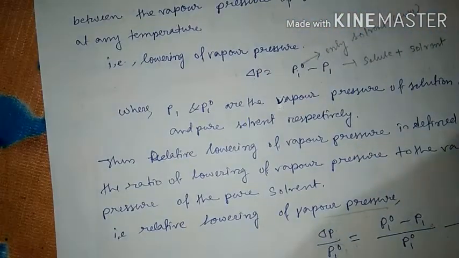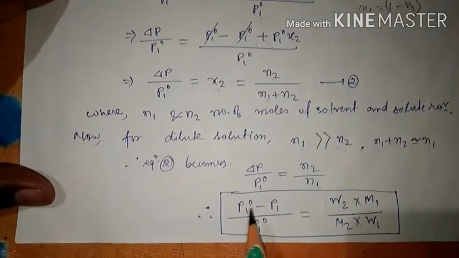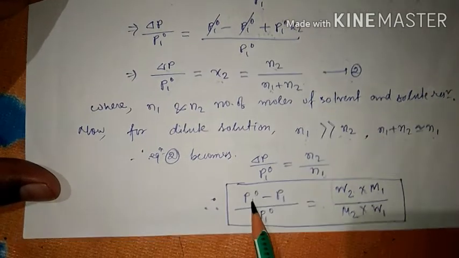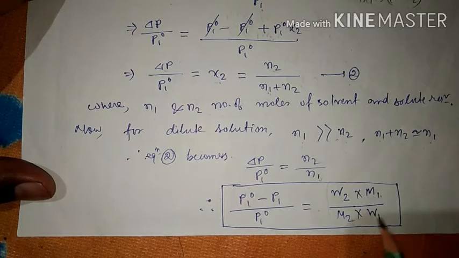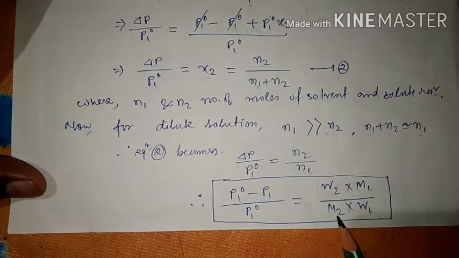Next, now see, from this equation, if we know the values of P1⁰, P1, W2, M1, W1, we can easily find out M2.